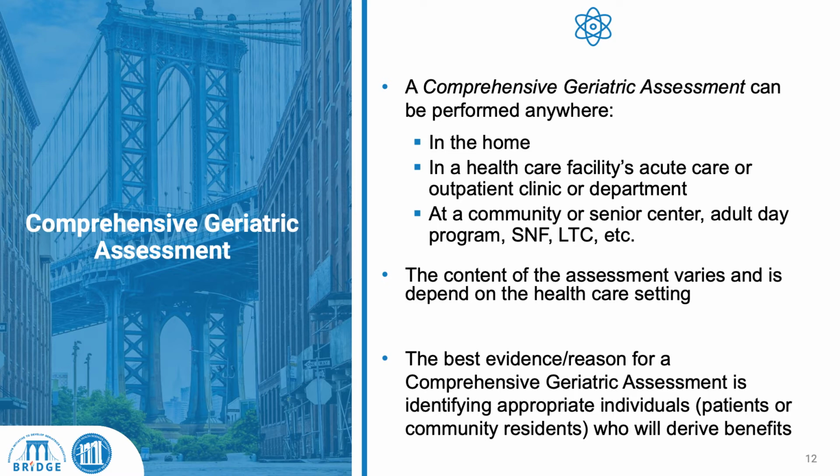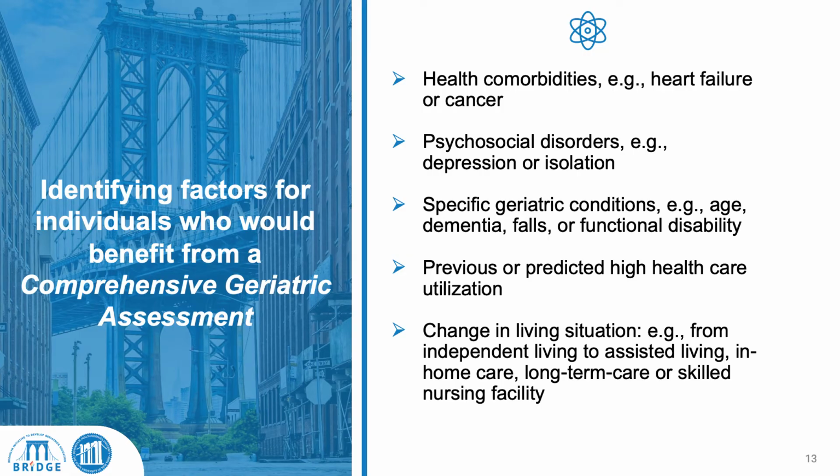The best evidence or reason for a comprehensive geriatric assessment is identifying appropriate individuals or patients or community residents who would derive the most benefit from having a comprehensive geriatric assessment. The qualifying criteria is identifying factors for individuals who would significantly benefit from a CGA.